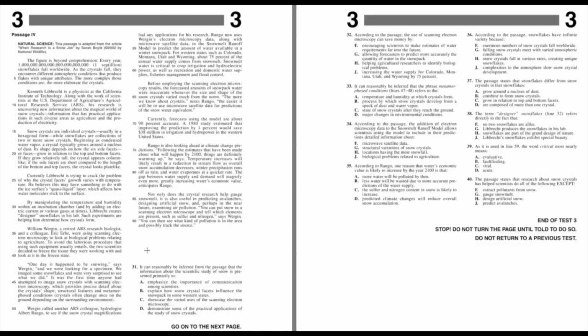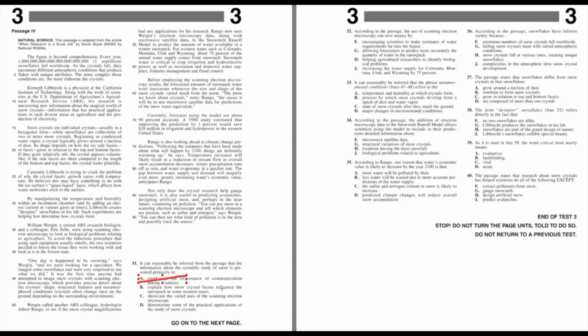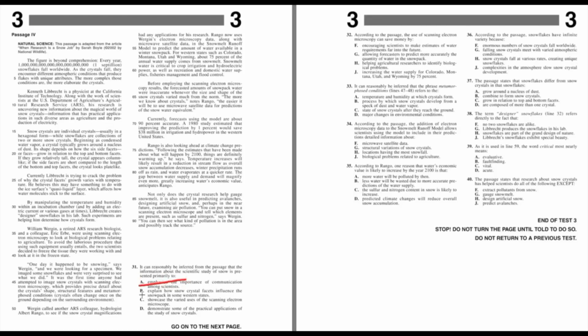It can reasonably be inferred from the passage that the information about the scientific study of snow is presented primarily to, A, emphasize the importance of communication among scientists. Given our summary, communication wasn't really a huge part of this passage, so it's not A. B, explain how snow crystal facets influence snowpack in some western states.